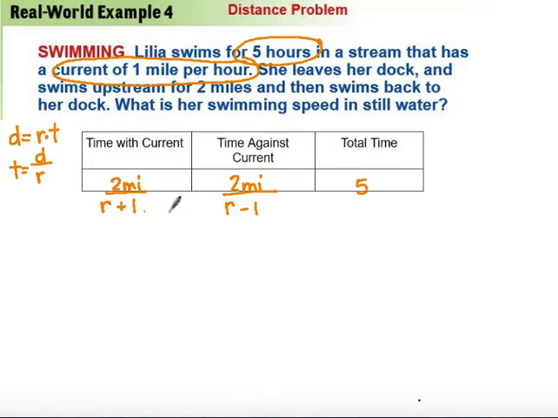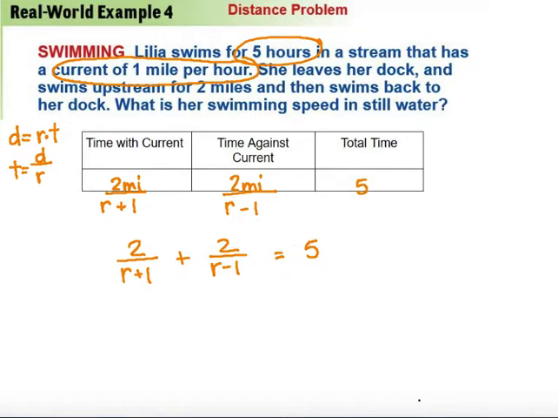So we're looking for what her rate is in still water, once we take out the aspect of the current helping her or hurting her. So we're just going to simply add those together. It takes 2 over r plus 1 plus 2 over r minus 1 to get the time for each one of those, of 5 hours.